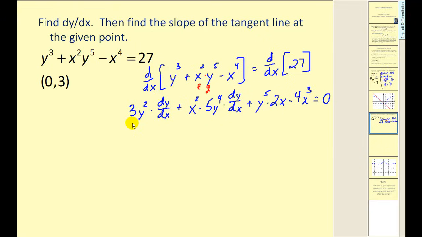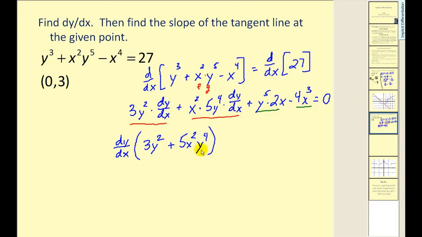Now this next step, we're going to keep the dy dx terms on the left side, and we'll move the terms that don't have dy dx in them to the right side. So when I rewrite the left side, I'm going to factor out the dy dx at the same time. So I'd have 3y squared plus, I'll rewrite this as 5x squared y to the fourth.